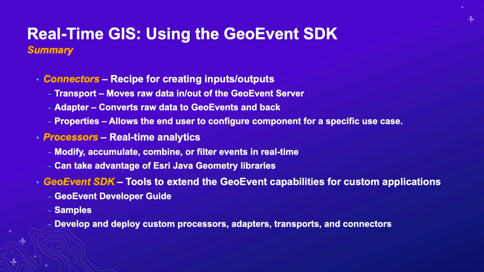These components also contain properties that enable the user to configure the transport and adapter for specific use cases. We also learned how we can apply real-time spatial analysis through the use of processors and how we can deploy those processors and use them within our UI.